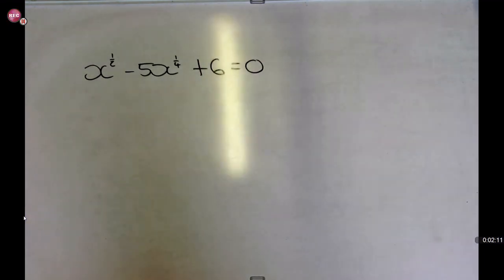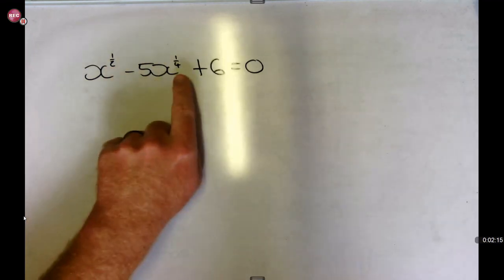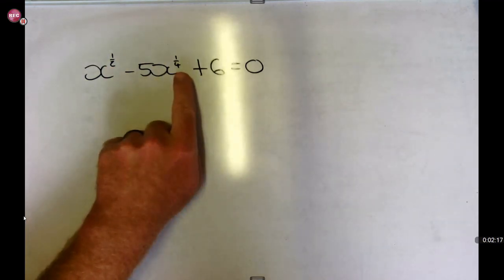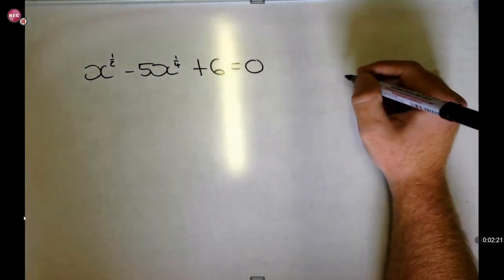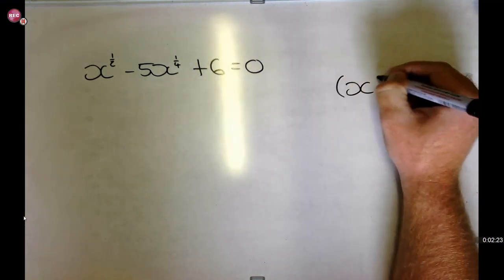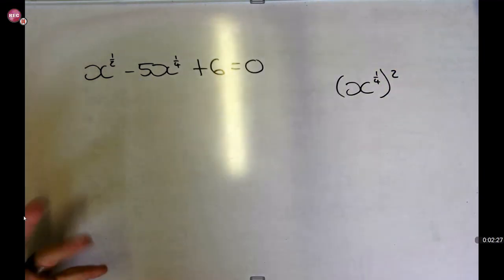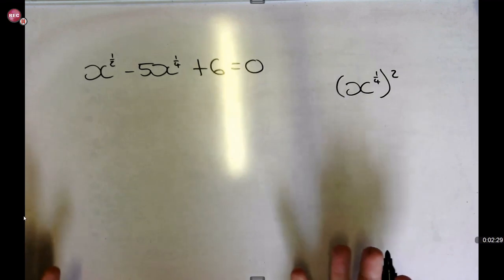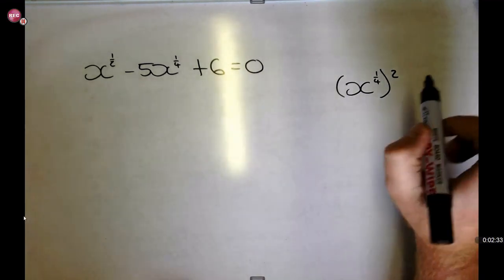equals 0. Now, first thing that you need to keep in mind is that this exponent you would like to have the same as the quarter over there, okay? The only way of doing this is by saying x a quarter, and then you square it, okay? Because obviously you need to split it into two brackets because it's a trinomial when you factorize. And the reason why we're saying a quarter is for this reason.